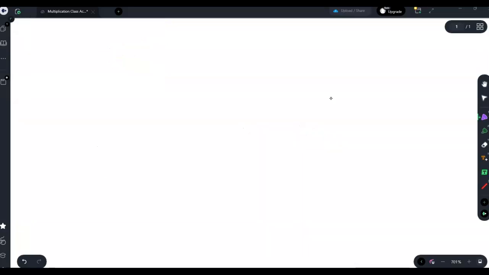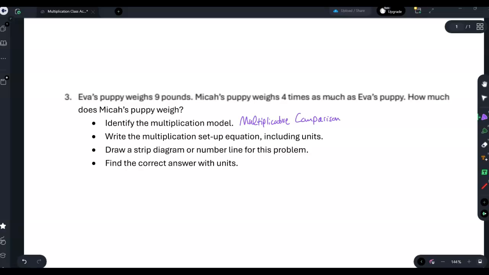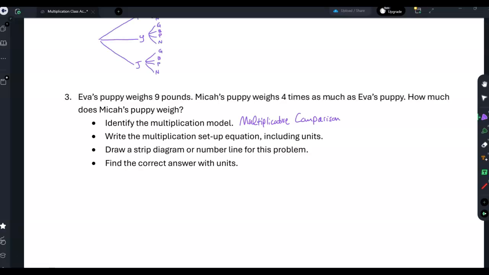So for this model, the number of objects we have is the first number in my multiplication setup. In this case, it would be Ava's puppy, we know is 9 pounds. So we could say 9 pounds times however many times as much. So in this case, 4 times as much.